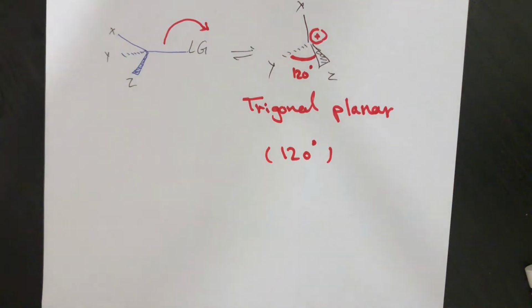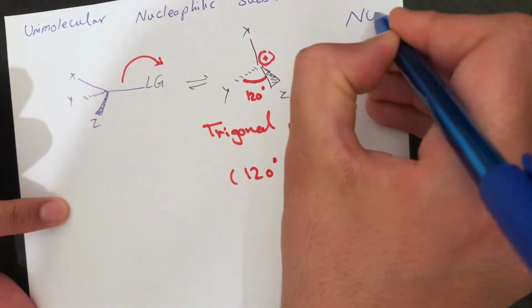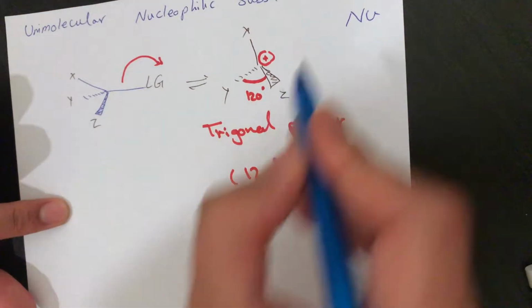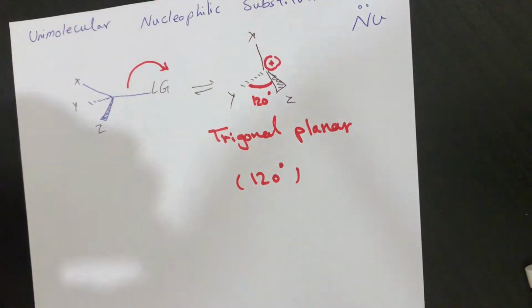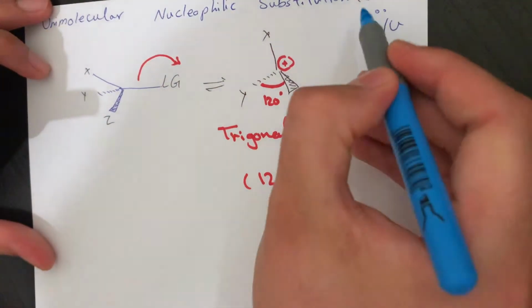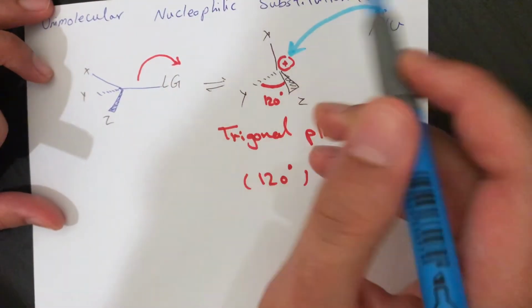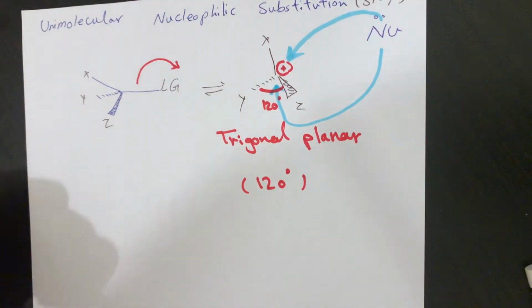And therefore, a nucleophile, which there is here, has two possible sides to attack. For example, this can attack either from the top or from the bottom. Therefore, we have racemization, which means proceeding with two products.